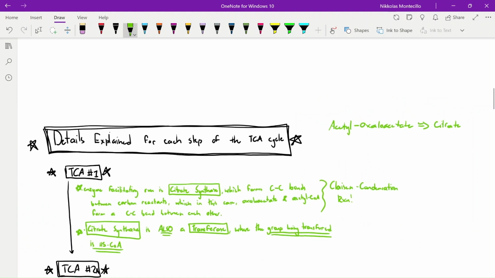And this is via a Claisen condensation reaction, where what condenses is the acetyl-CoA, which is removed, right? In this case, we consider citrate synthase to also be a transferase, where the group being transferred is thiol-CoA, or coenzyme A.